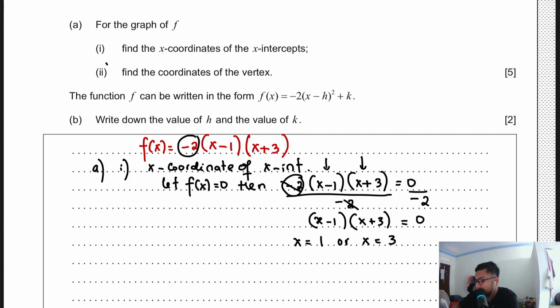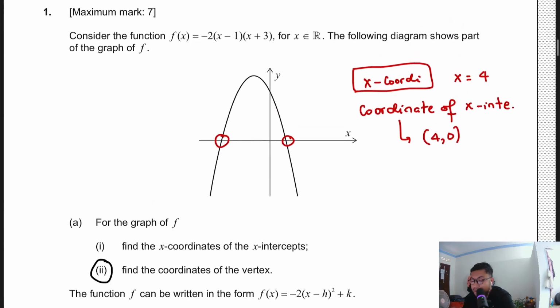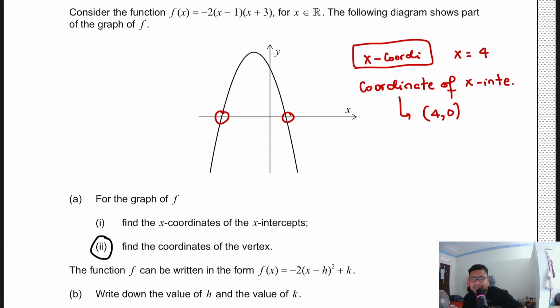What about the second one? The coordinate of the vertex. It's kind of tricky though, because we always learn the general rule, which is if the quadratic form is ax squared plus bx plus c, the x coordinate of the vertex should be negative b over 2a, and we plug into f of x, and then find the coordinate of the vertex, right?